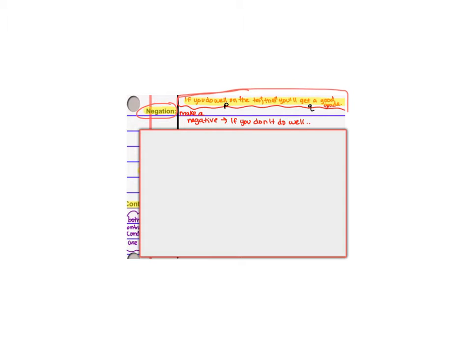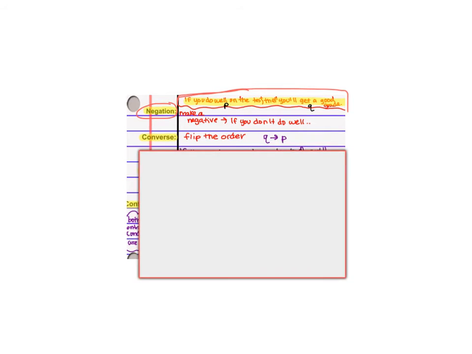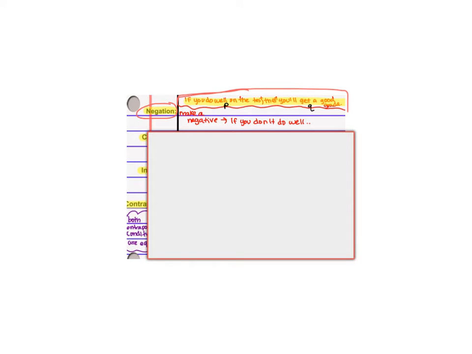So the negation of that would be, if you don't do well on the test, you won't get a good grade. So you're making them both negative. That's the negation. Okay.